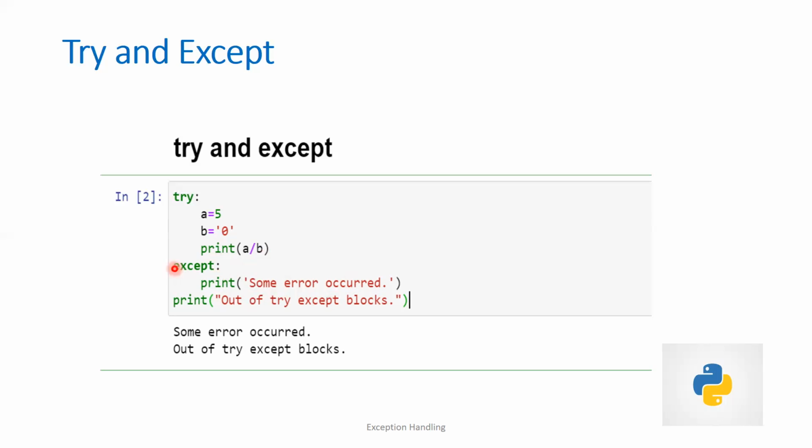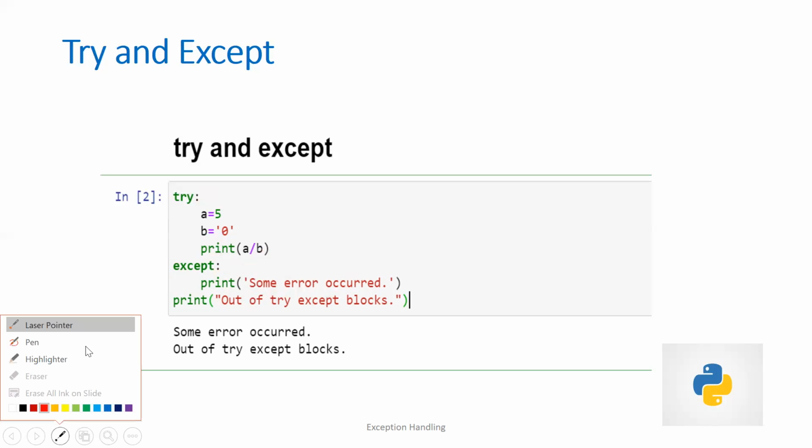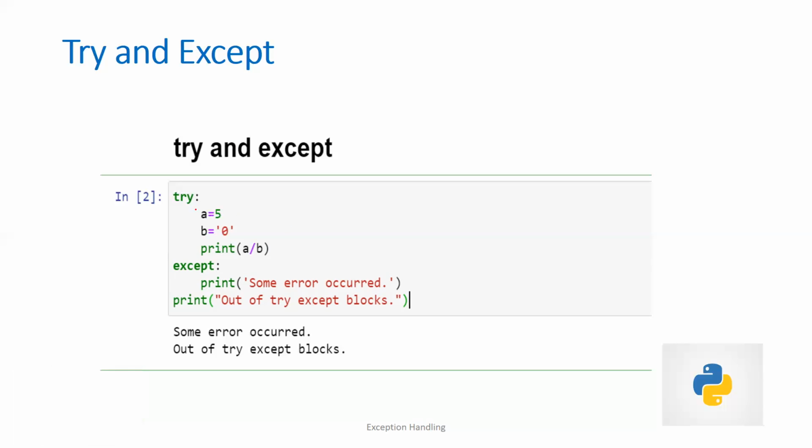If I did not write this exception portion, if in normal code I write only this portion, without try or except, it will create an error, and all the other code segments after this portion will be halted.